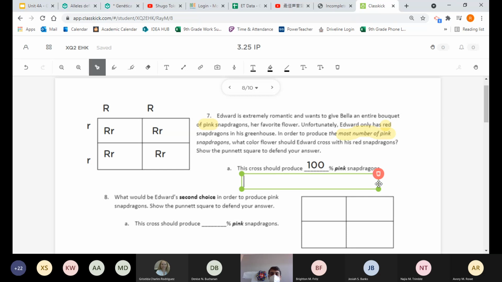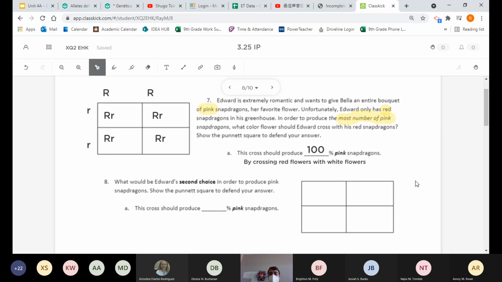So this cross should produce 100% pink snapdragons by crossing with a white flower. There you go. So the way to get to 100% would be by crossing the red flowers with white flowers.